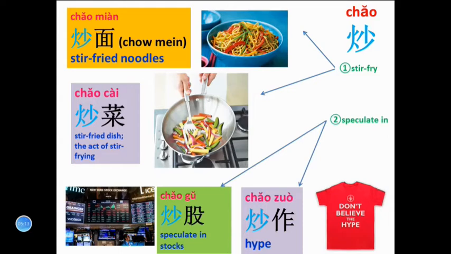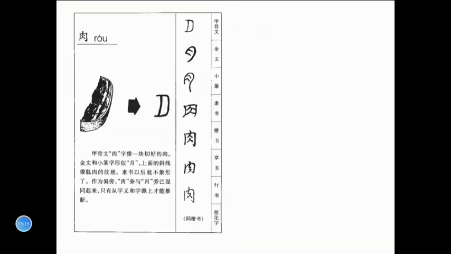Okay, after introducing the character 炒, let's talk a little bit more about the character for meat, 肉. If you look at the earliest known character for meat, you will find it looks like a piece of pork sold on the market. Later on, people used a couple of small diagonal lines within the shape to mean the texture of the meat.